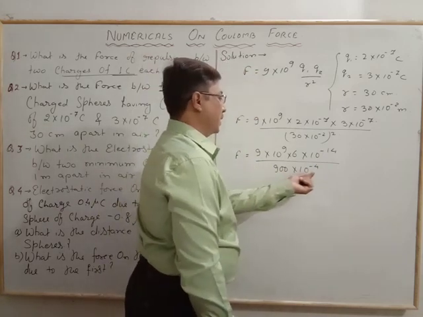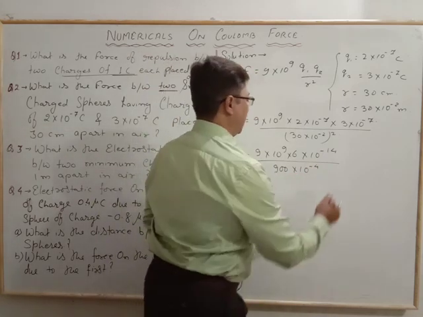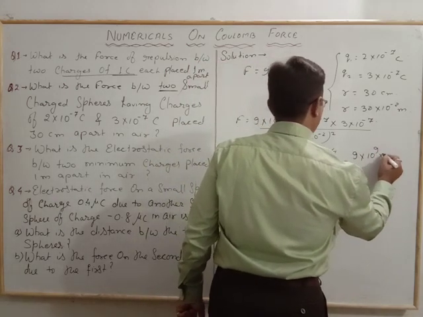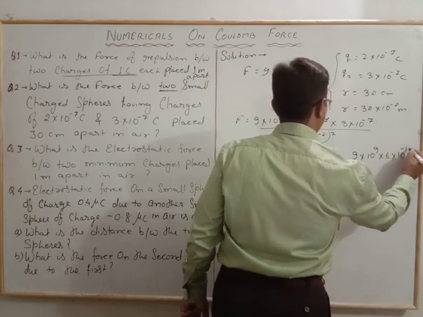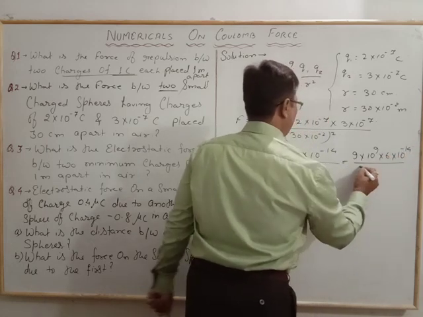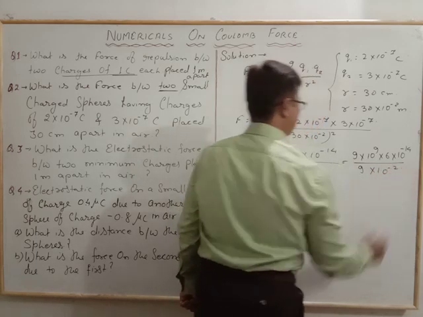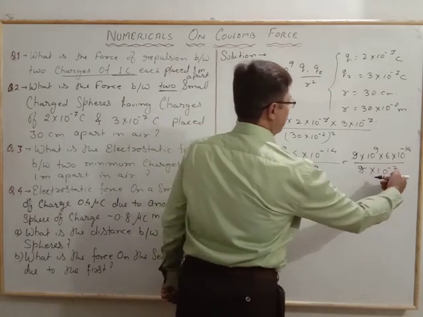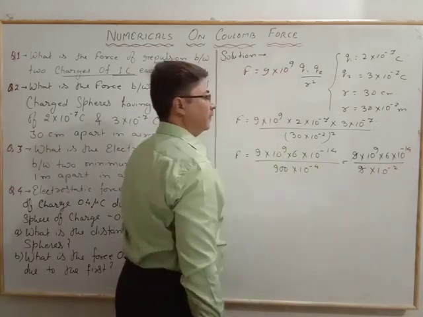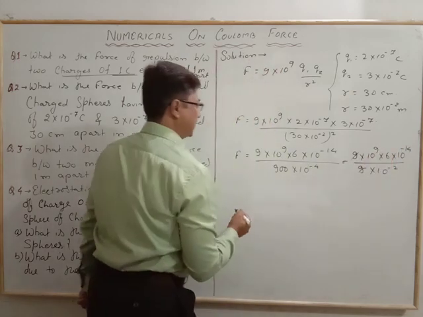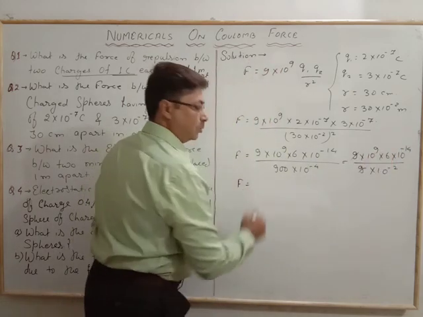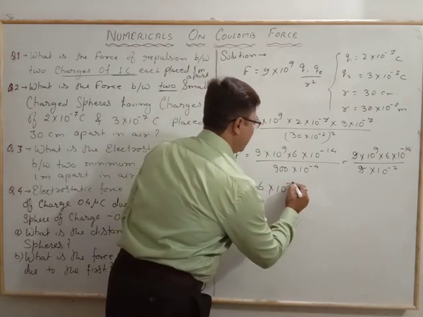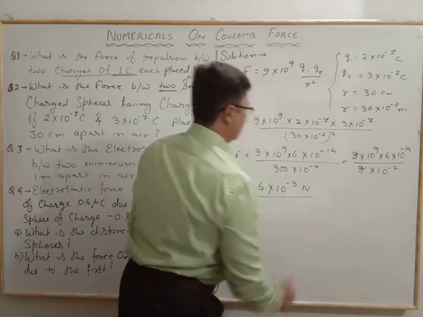So 9 into 10 to the power 9 into 6 into 10 to the power minus 14, divided by 9 into 10 to the power minus 2. The 9 and 9 cancel, and the powers reduce, so we have F equal to 6 into 10 to the power minus 3 Newton.